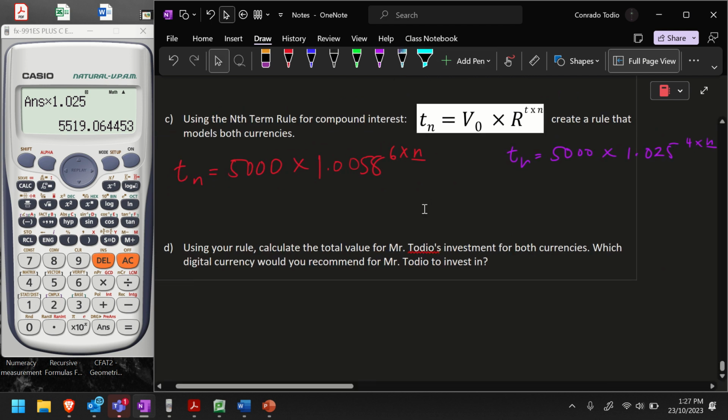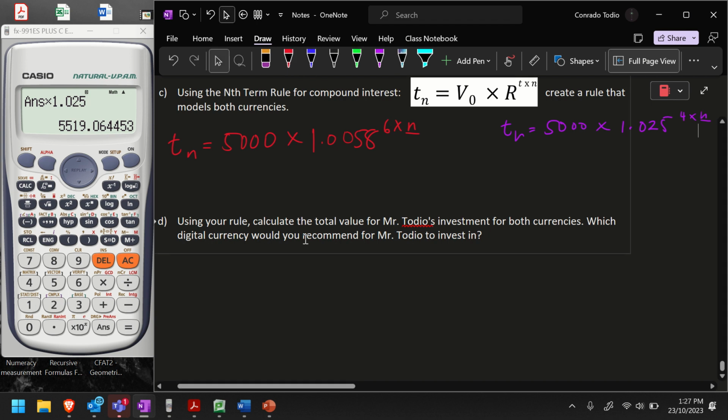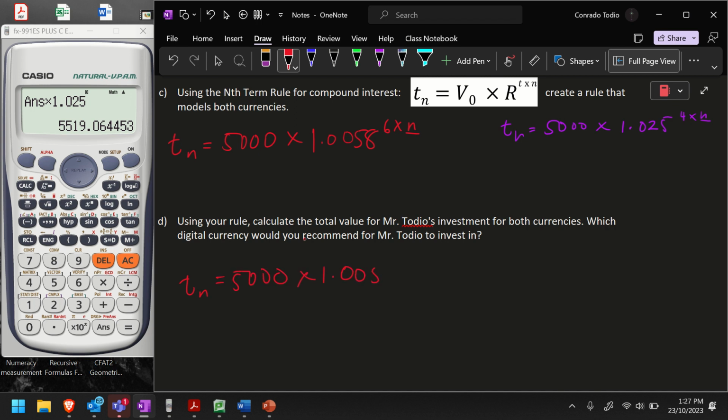There's my rule. All right, so for question D, we're going to use our rules now to find the total investment for both currencies and which one would be a better one for me. Now, I haven't made a decision yet on this in the real world, so I'm going to see which one is better. All right, so for Bitcoin, it's going to be 5,000 times 1.0058 to the power of 6 times.